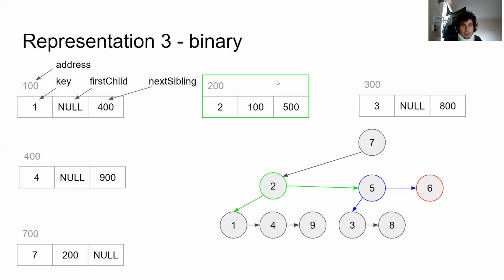So for example, the node with key 2 has the first child at address 100, which is node 1, this link, and the next sibling is 500, which should be 5. So we have key, first child, and next sibling.